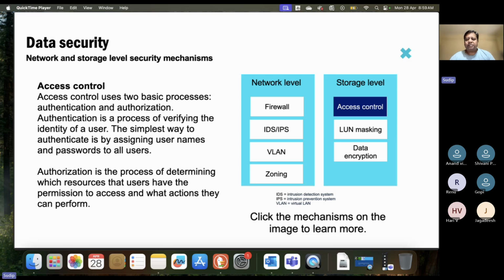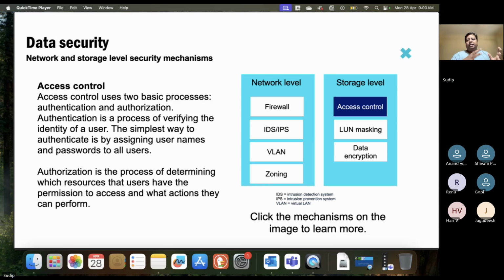Now, for example, Infosys, right? So Infosys has how many employees? More than 1 lakh employees. So the Active Directory of Infosys will have entries for all those 1 lakh employees. And what does this Active Directory contain? It will contain the username and it will contain the password in an encrypted format. And certain other things which will help to identify that this person is the authentic person.